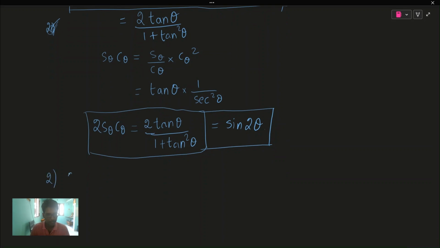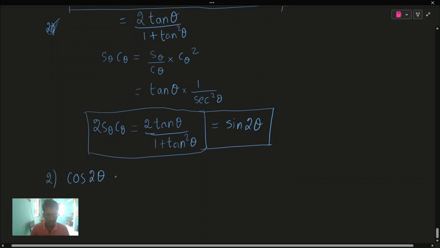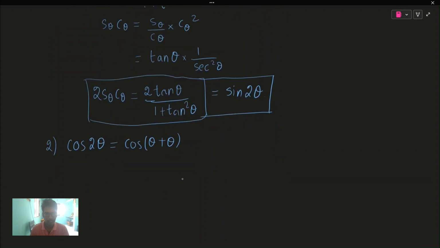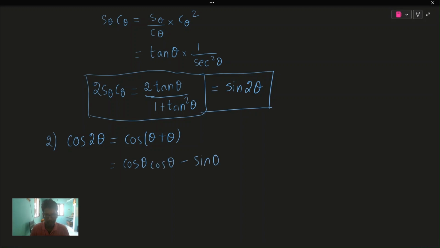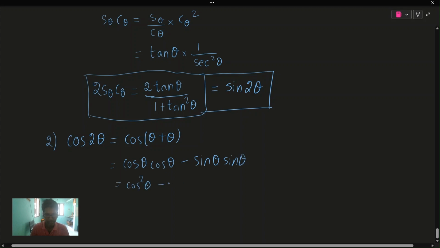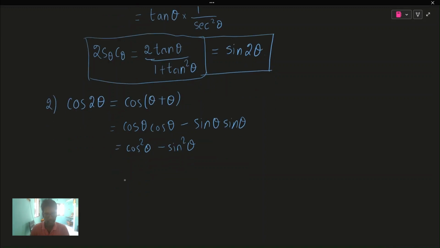Same way, let's deal with cos 2 theta, which is equal to cos of theta plus theta. Cos of a plus b is cos a cos b minus sin a sin b, which means cos square theta minus sin square theta, which can also be written in the form of 2 cos square theta minus 1 using the identity sin square theta plus cos square theta equal to 1 and substituting that in place of sin square theta.